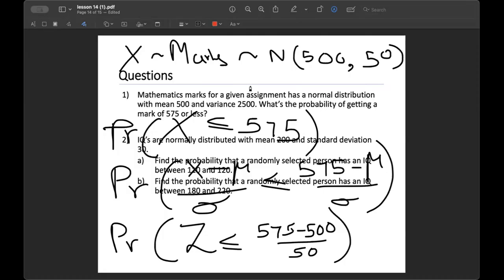Once we simplify it, Z is less than or equal to 75 divided by 50, which is actually 1.5.